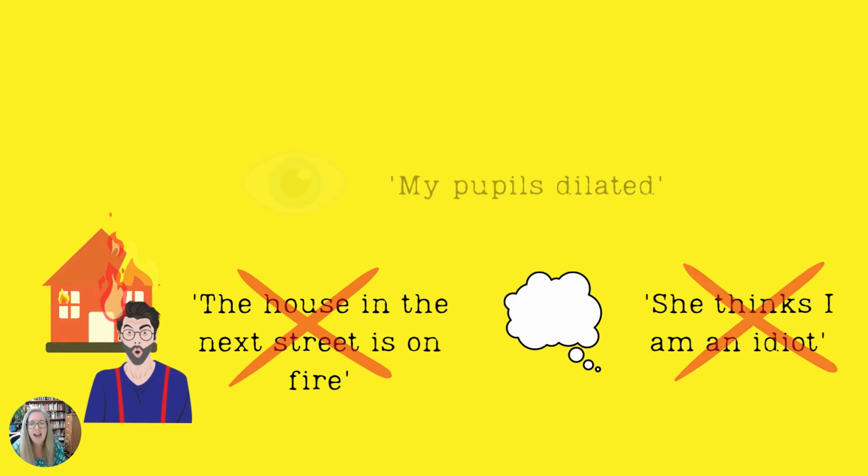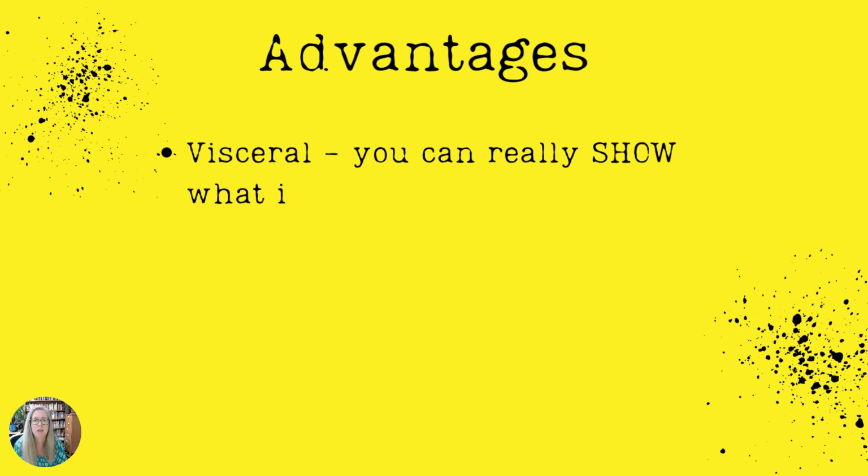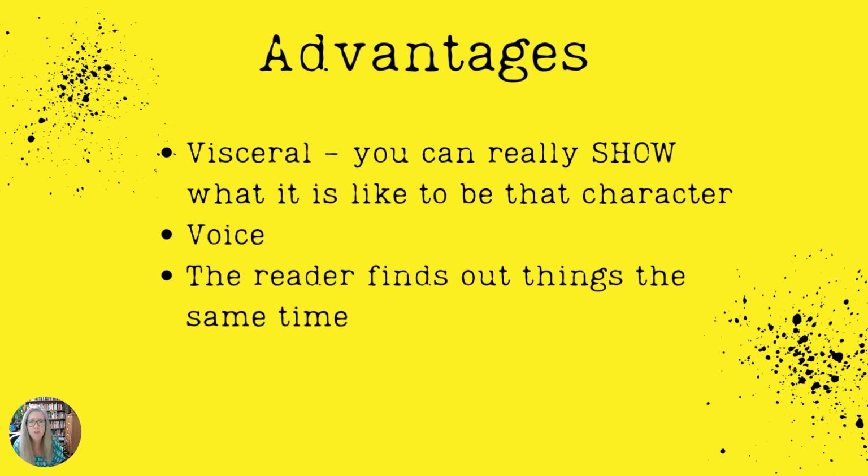So, what are the advantages of first person point of view? Well, the first off is it's really visceral. You can show what it is like to be that character. Now, if you want more information about show not tell, we do have a video on that as well. But basically, we experience the world through our senses.